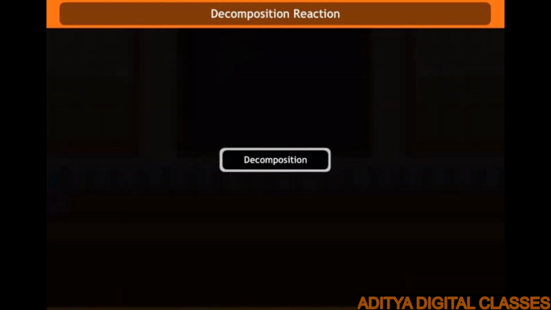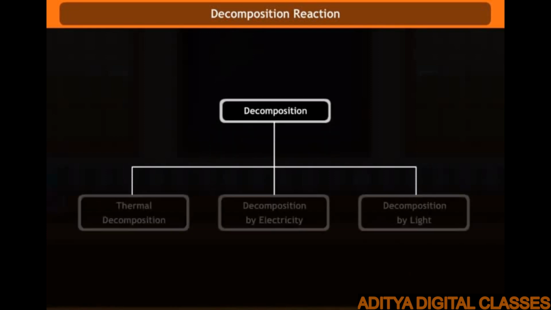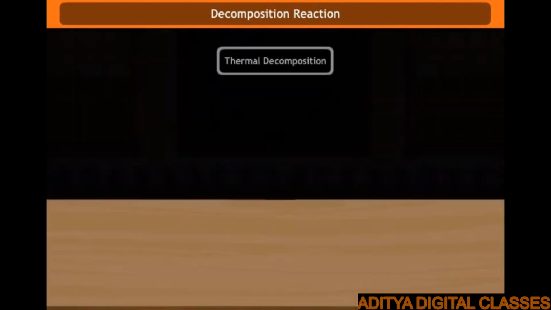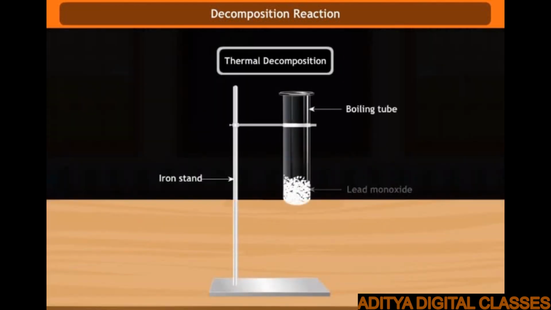Decomposition reactions can be classified into 3 types depending on the source of energy for the reaction: decomposition by heat or thermal decomposition, decomposition by electricity or electrolysis, and decomposition by light. Take about 3 grams of solid lead nitrate in a boiling tube.